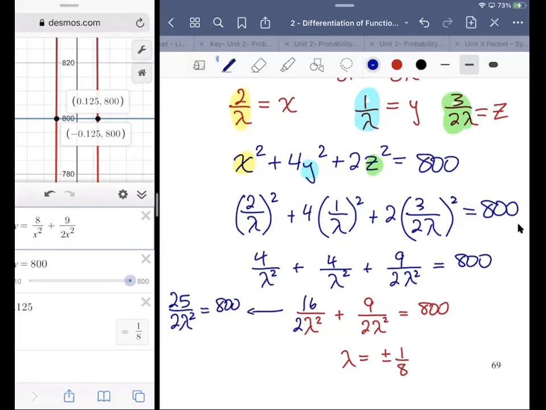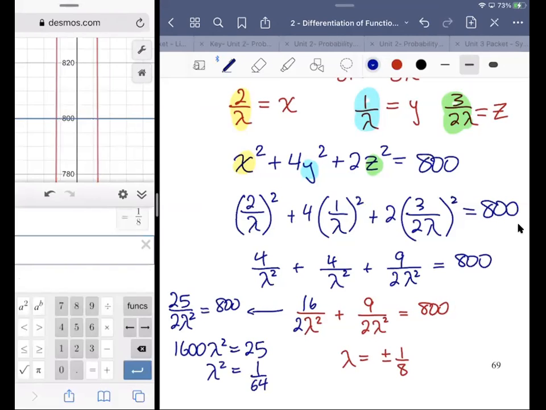So we'd have 1600 lambda squared is equal to 25. Lambda squared is equal to, well, I would imagine 1 over 64. Just double check that.